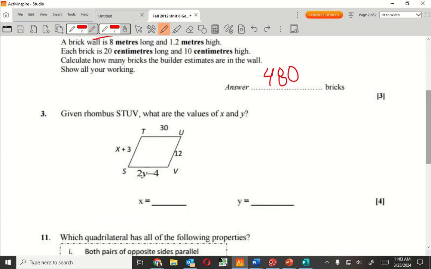Ooh, rhombus. What do we know about a rhombus, Big Mac?